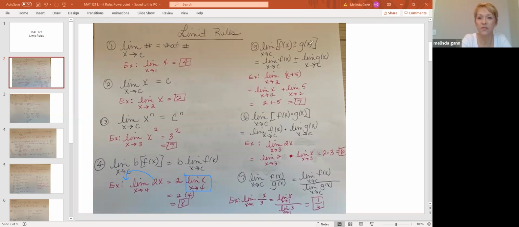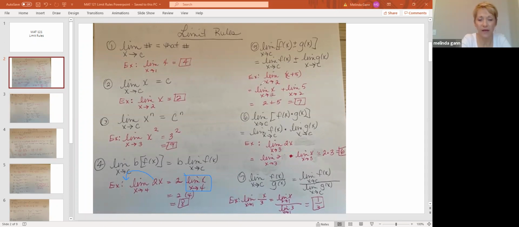Now, what does this one do? This one says if you have the limit of a sum, you can do the limit of the first one, plus you can do the limit of the second one. It also works with a minus. So look what happens. What if you have the limit of x plus 5? Because it's a plus, you can do the limit of the first one, and then plus do the limit of the second one.